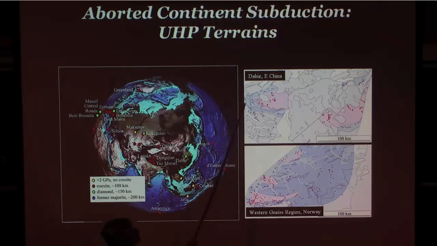Here's a similar example in China that's been reworked by younger tectonism that was probably similar in scale. So if you're thinking about the size of a continental glob in the upper couple hundred kilometers of the mantle, this might be a reasonable guess for that size, on the order of 100 kilometers in 2 dimensions.